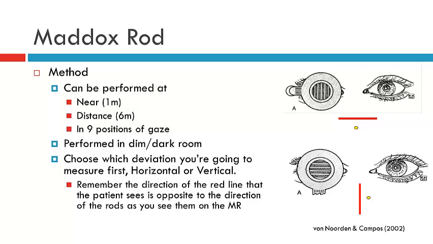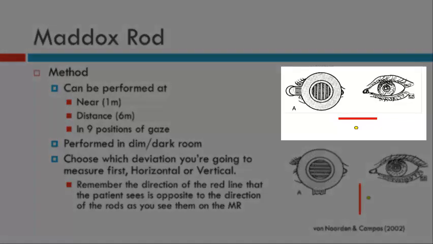Again, as before, you'll have to dim the lights in the room or perform this in a dark room and decide whether you're going to measure the horizontal component or the vertical component. You'll recall that the line the patient sees will be perpendicular to the orientation of the rods. So in the image above, we have the rods vertical and the patient will see a horizontal line.